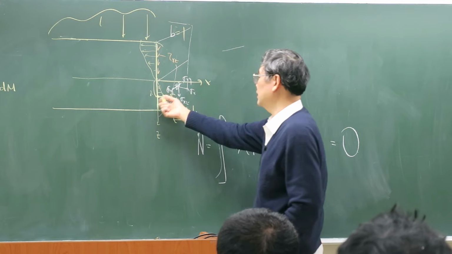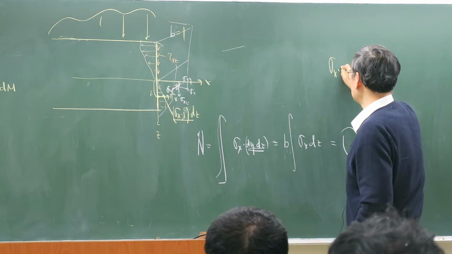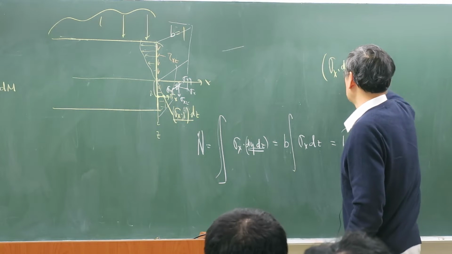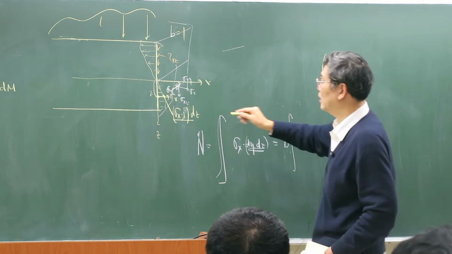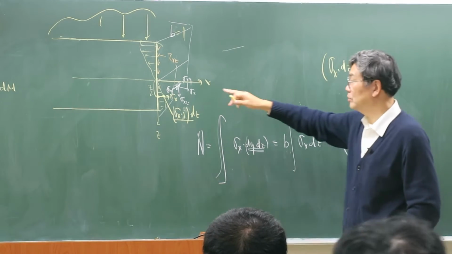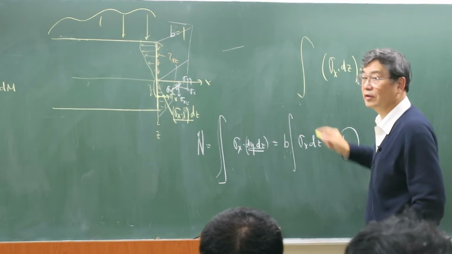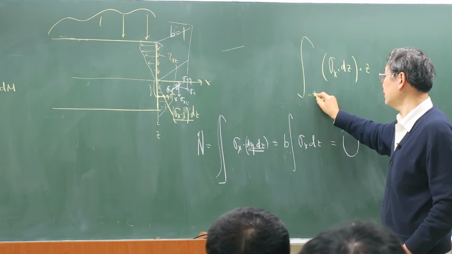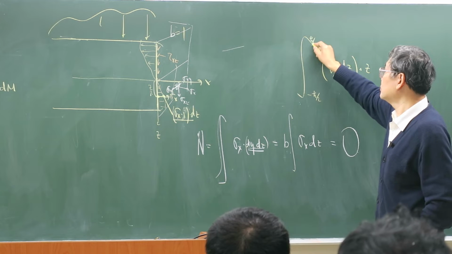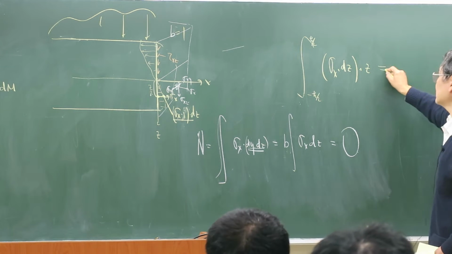So there's a force here, and the force times the dz times the moment arm. This is a moment arm. There will be a small moment with respect to this axis, right? Then you integrate together from minus half h to half h, or the whole thickness. So this will cause the moment.